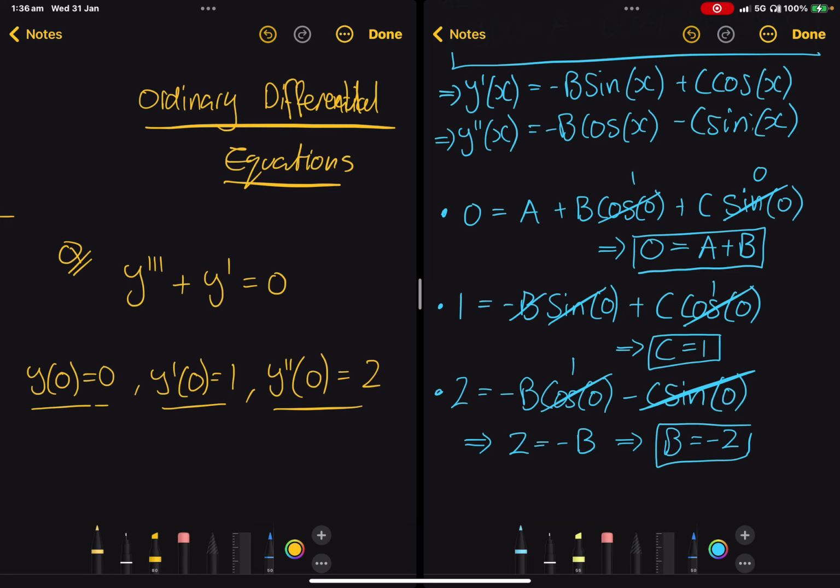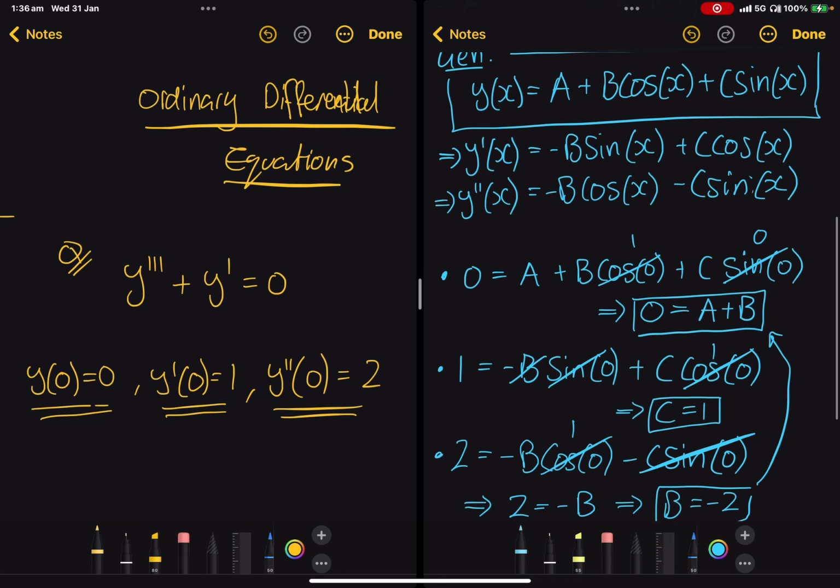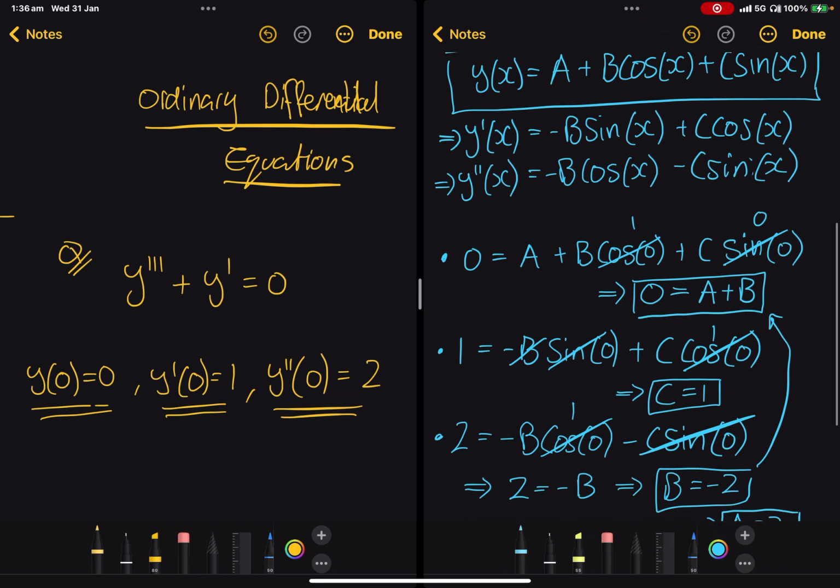So c is 1, b is minus 2. We were told up here that a plus b is 0. This implies that a must be equal to 2. So we've now found a, b, c coefficients, which are going to make this general solution a specific solution for these initial conditions. So a plus b cos x plus c sin x.